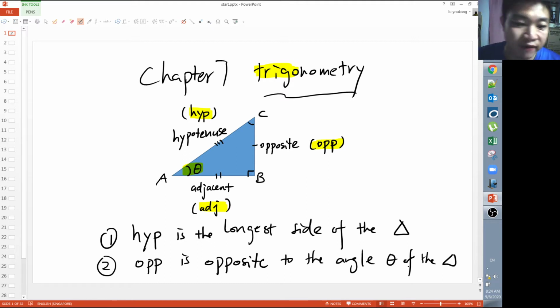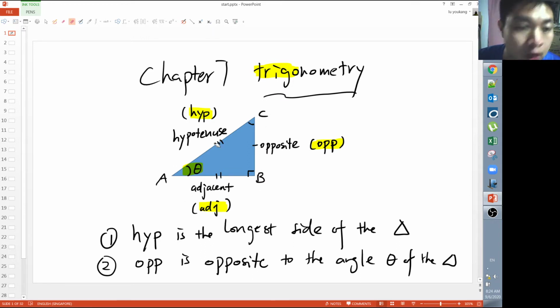So when you have identified your hypotenuse, which is the longest side of the triangle, and after you have identified the opposite side, which is opposite to the angle theta of the triangle, in this case is here, you are only left with your adjacent. Alright, so it's very easy to identify your hypotenuse, the opposite, and your adjacent.